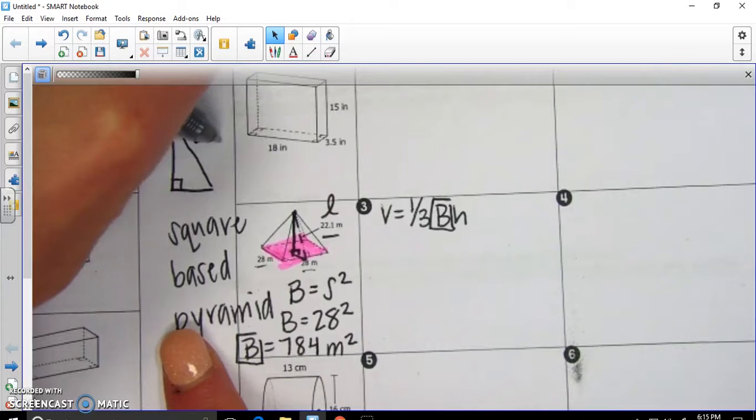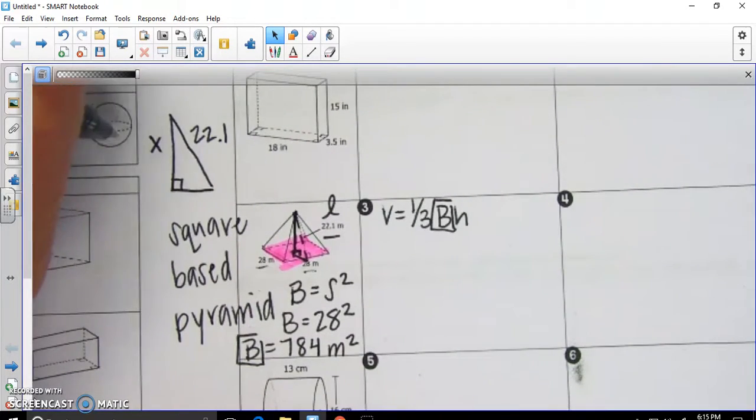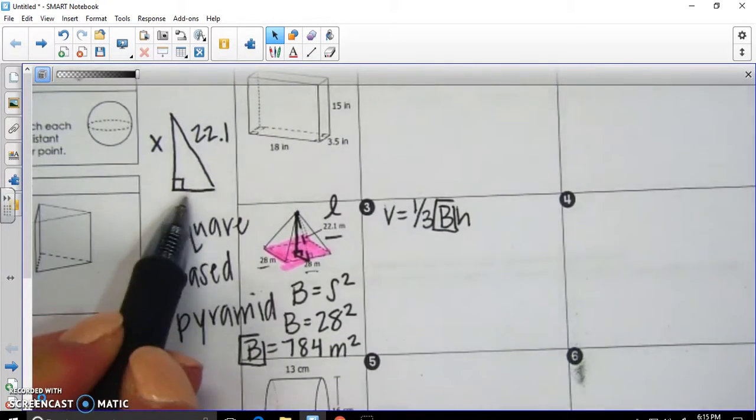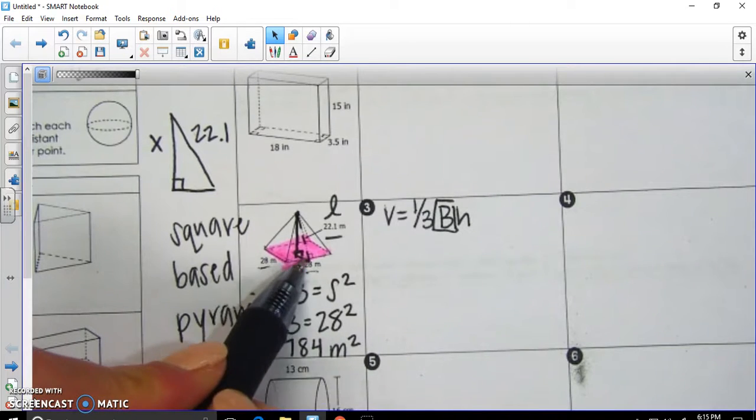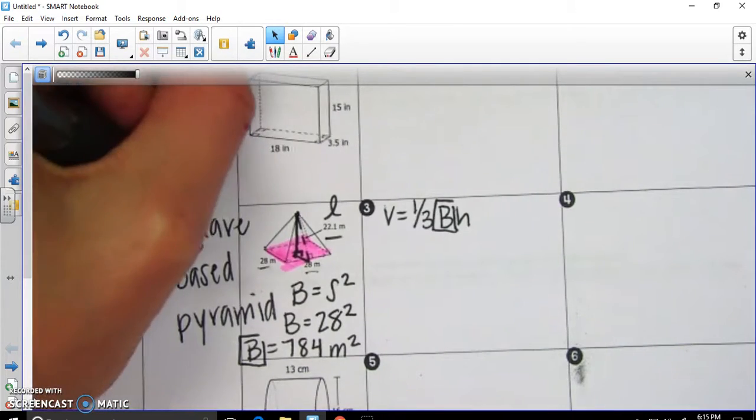That's our 22.1. We're looking for how tall it is. That's our height, or we could say H or X. And then what can we say is this leg? It's going to go in the middle of the base, so it's going to be half of the width of the base. So half of 28, or 14.